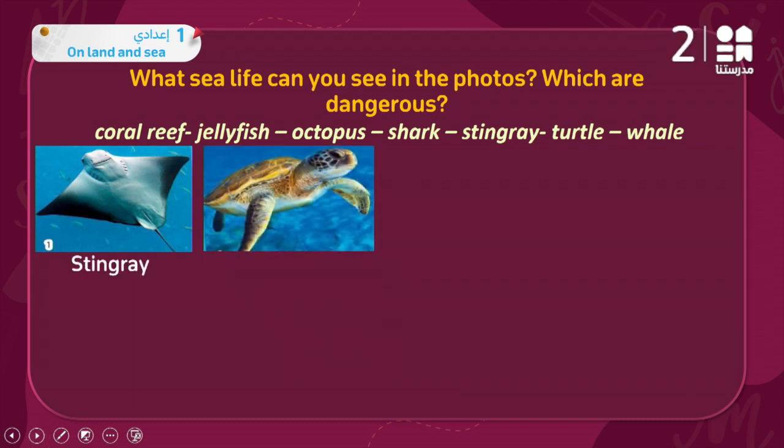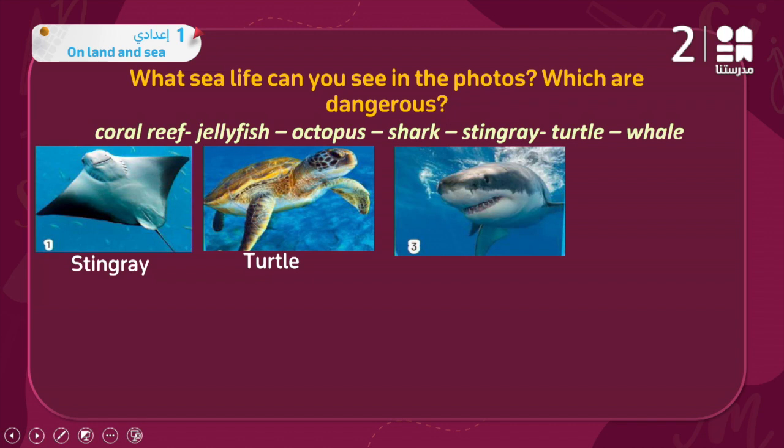After that, here we have the turtle. Exactly. The turtle is an aquatic reptile. It has a hard shell on its body.